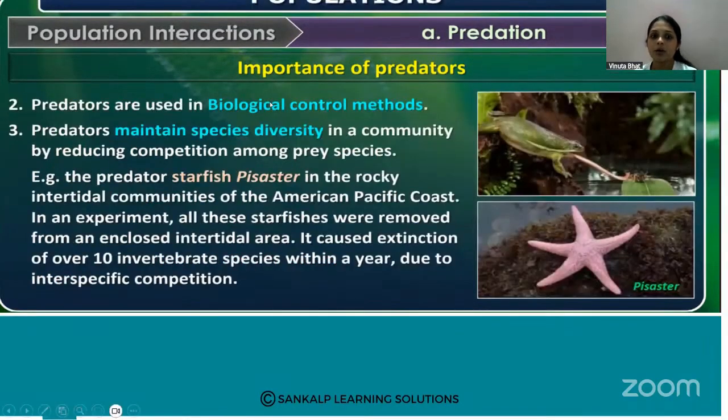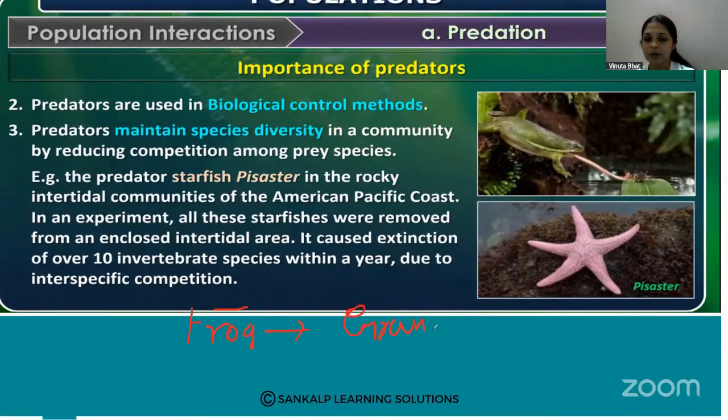Then, what is the importance of the predators? Predators are used in biological control methods to prevent some organisms. And predators maintain species diversity in a community by reducing the competition among prey species. For example, the frog captures the grasshopper.